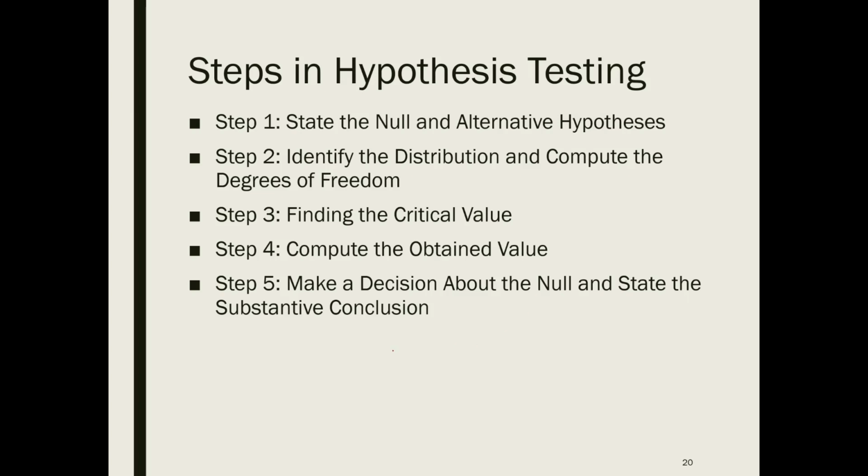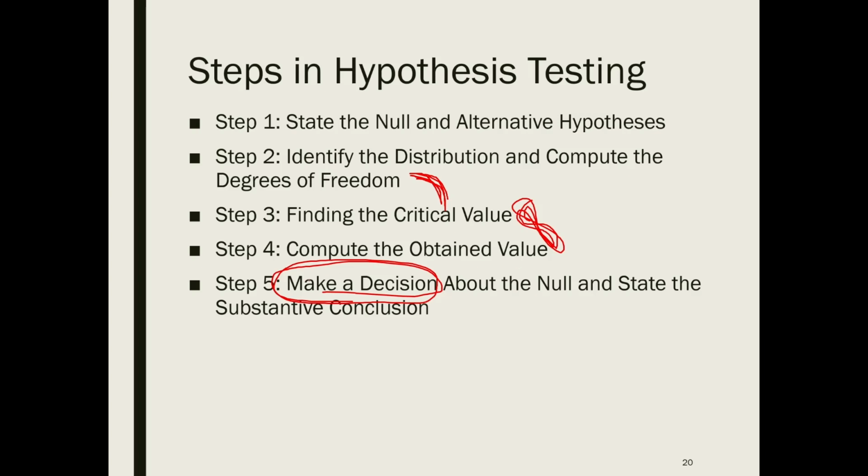Now, making a decision literally comes from comparing the critical value and the obtained value. Also, often step 2, identifying the distribution and computing the degrees of freedom, is used to find the critical value. So it's like one by one. You should do the previous step in order to finish the next step.